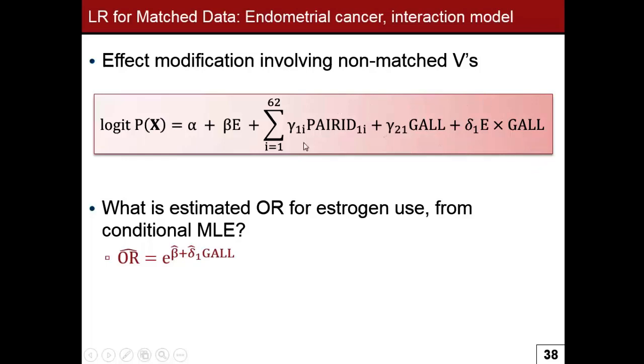It's business as usual. We just have these terms for the paired IDs in them. Nothing's really changing other than these control factors. We have these dummy variables in here to represent the membership in the pairs. And we can add things like effect modification as usual with these other V variables that we've entered into the model.